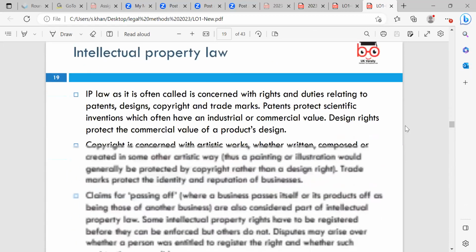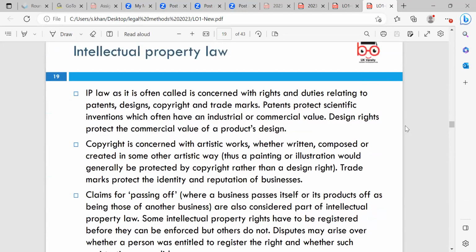Intellectual property. This intellectual property law is concerned with rights and duties relating to things like patents, designs, copyright and trademarks. Things like you can't copyright, or you can't do the same trademark or any sort of inventions.